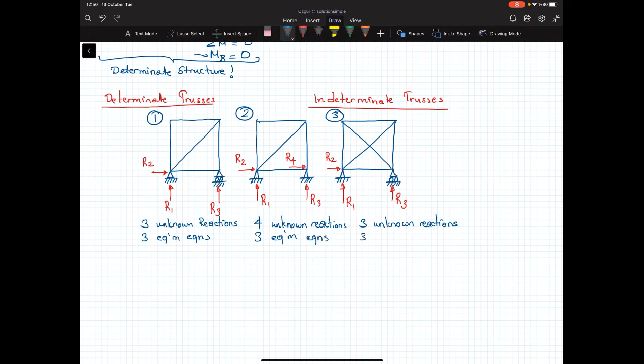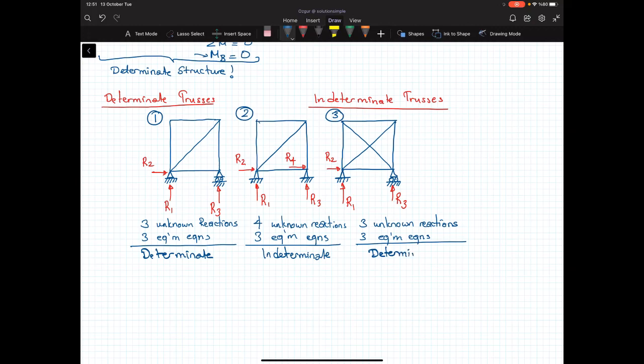There is no difference in that. This is a 2D truss system, and I can only write 3 equilibrium equations. So once we examine these, we say that this is determinate, the second one is indeterminate, and the third one is again determinate.